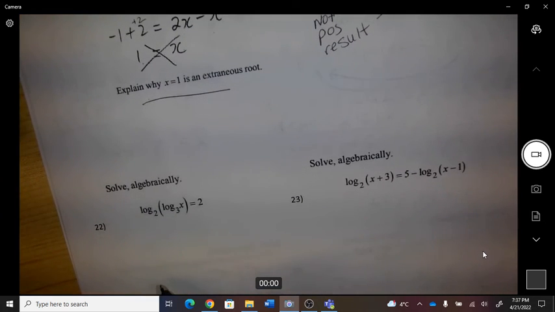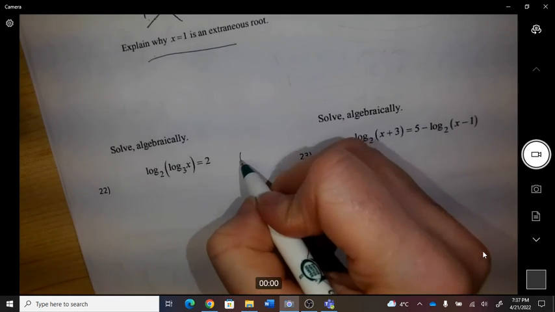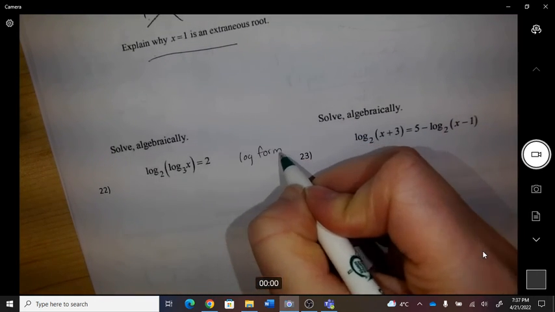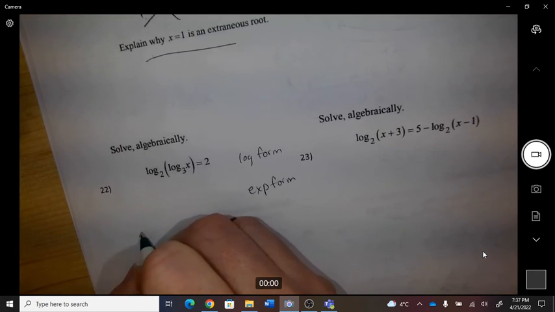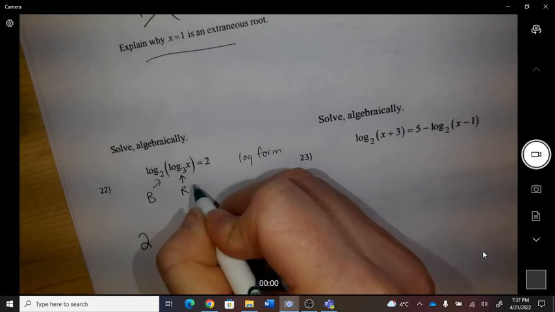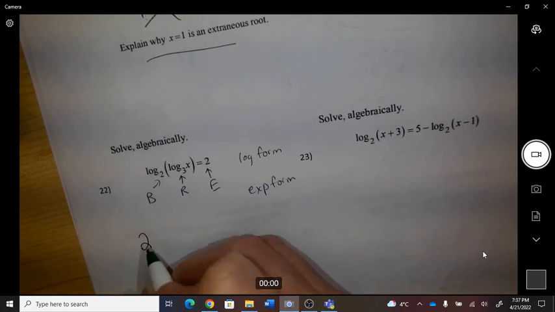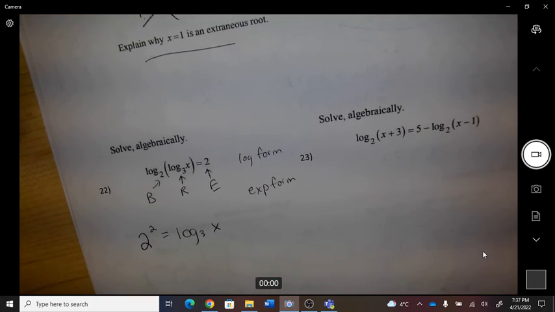Okay, number 22. Solve algebraically. So I think I'm going to take this log form and change it to exponential form. So 2 base, right? Base result exponent. 2 squared equals log 3x.